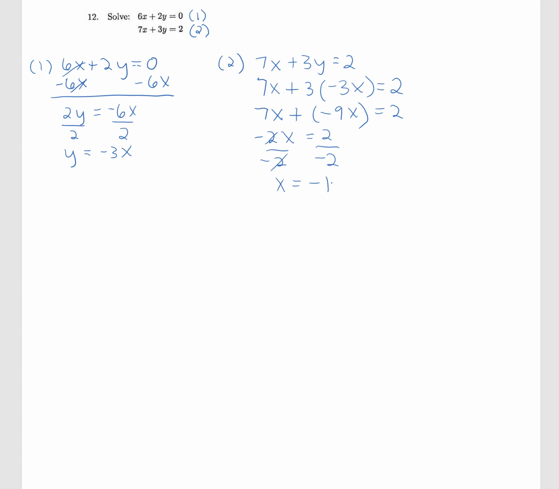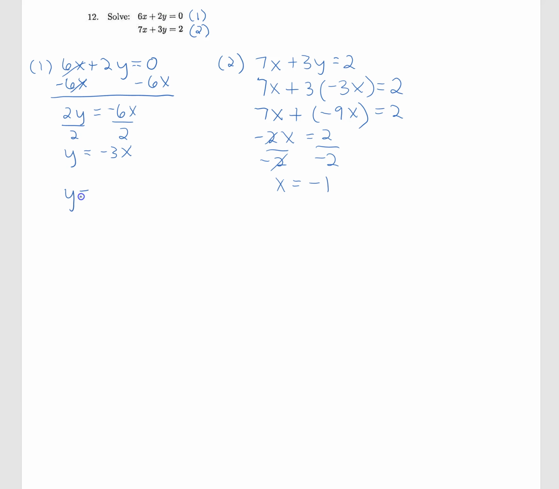Okay, so we have an answer for x, and what we can do with this is plug in this value for x into either one of our equations and solve for y. Either one of them can work, but I'm going to go back to equation 1 because I've already set up a nice equation for y there.